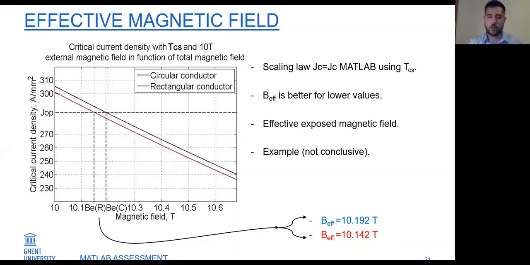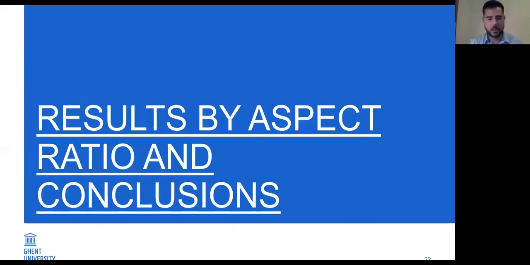This example is only for comparison, and it's important to say this because in the MATLAB assessment, we treat the whole area as superconducting area, while in fact it's part superconducting, part copper, and part gaps. So this is only for comparison between the two shapes, but it's enough for that.